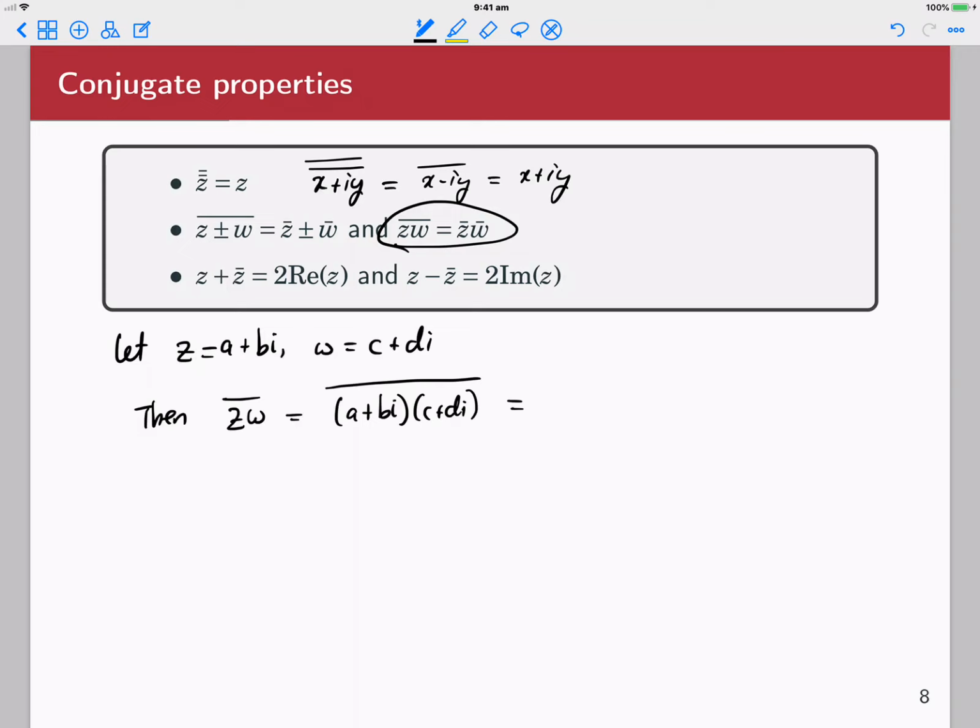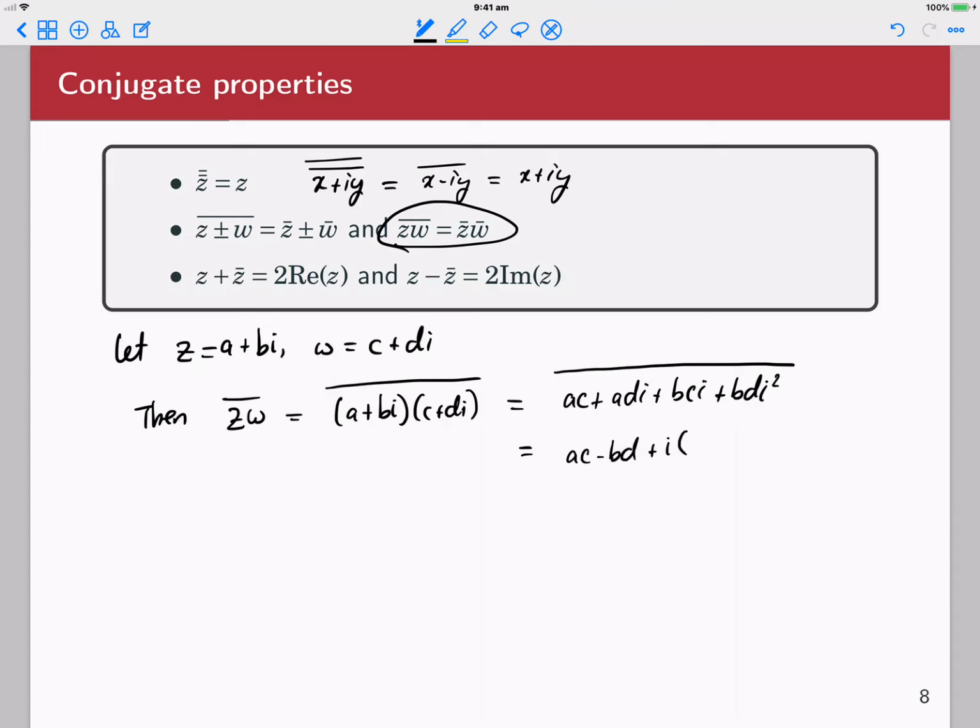Now if I expand the brackets out, I get ac plus adi plus bci plus bdi squared, all conjugated. And remember, i squared is -1, so really this comes out to be ac minus bd.